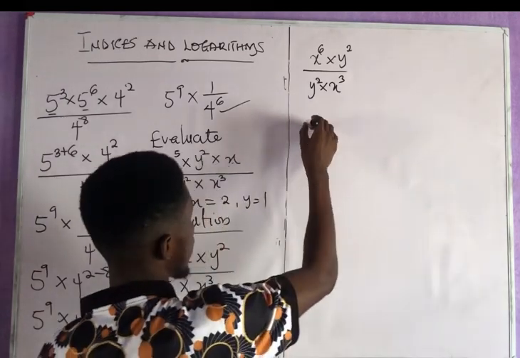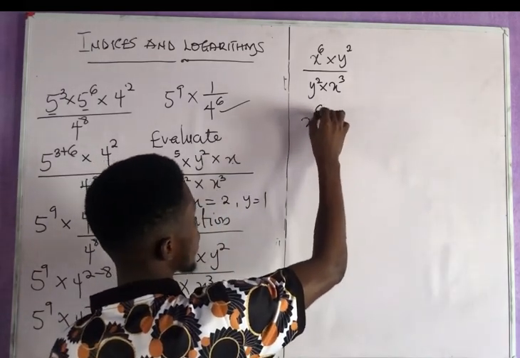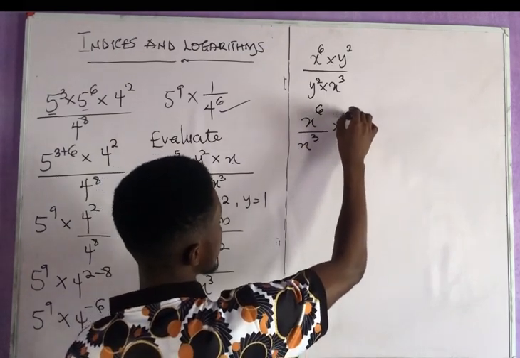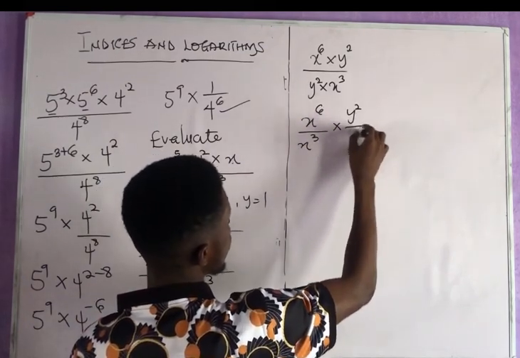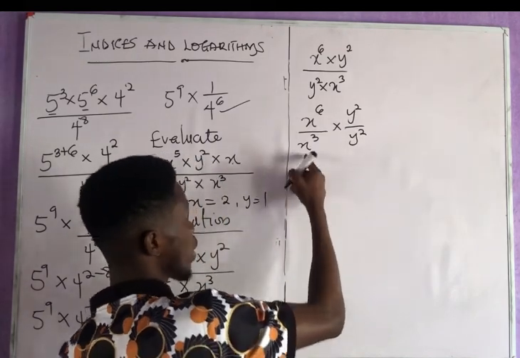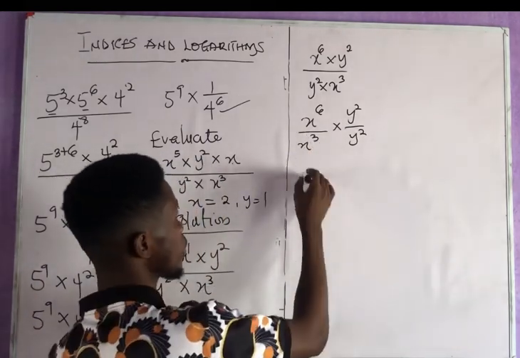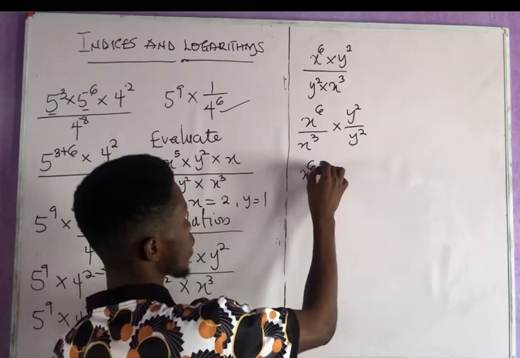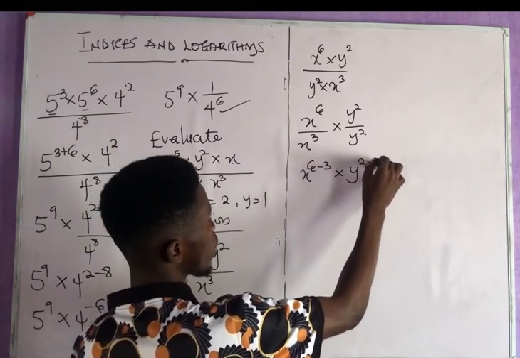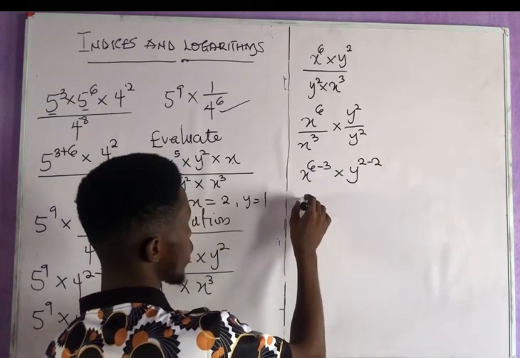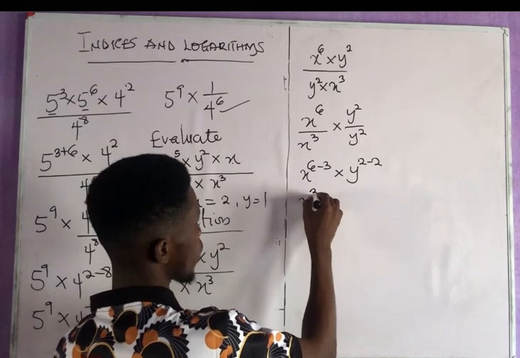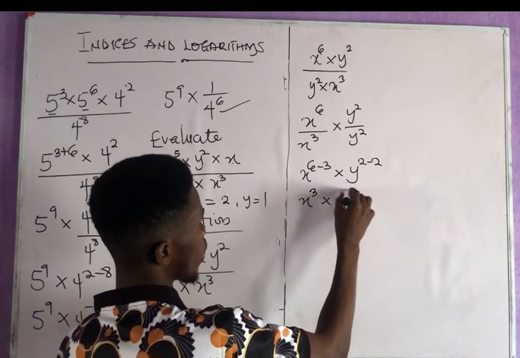So I can write this one as x to the power 6 over x to the power 3 times y to the power 2 over y to the power 2. Since they are dividing and they have the same base, you simply subtract their powers. Here, the same thing. So this will definitely give you x to the power 3 times y to the power 0.